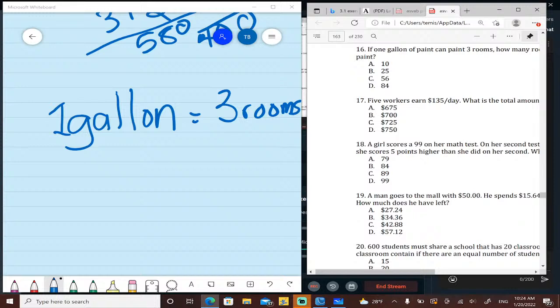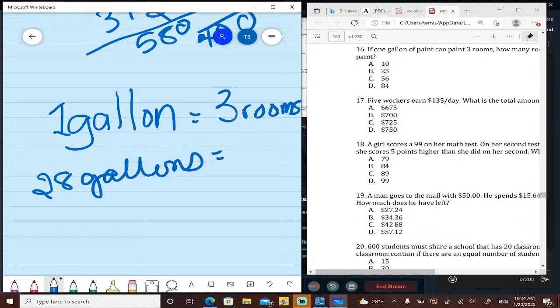So now we're doing 28 gallons. And we're trying to see how many rooms. That's our unknown. So if we're doing 28 times the original one, guess what we're going to do with the 3? It's going to be 28 times it. So what's 3 times 28?